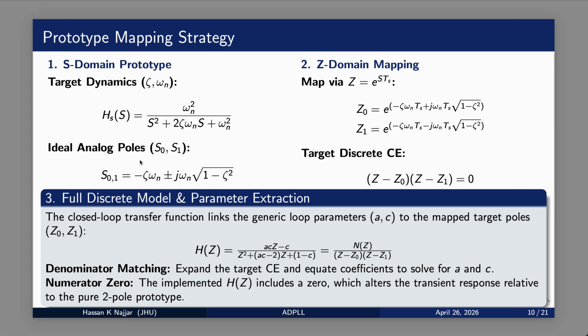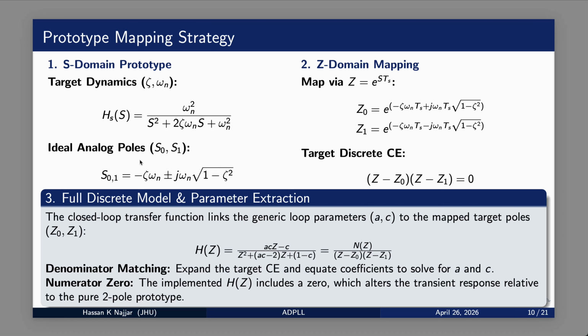The author's design method begins with a textbook second-order prototype in the continuous time domain, defined by the damping ratio, zeta, and natural frequency, omega n. Those analog poles are then mapped into the z-plane using z equals e to the s T sub s, and the resulting discrete time pole locations are used to solve for the loop parameters.